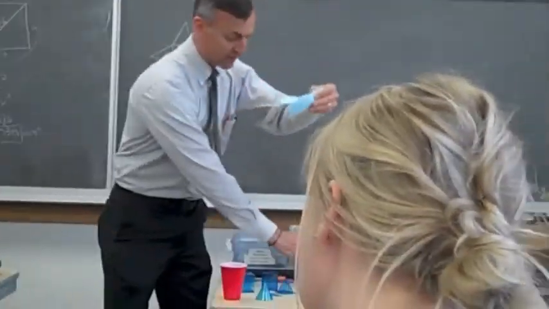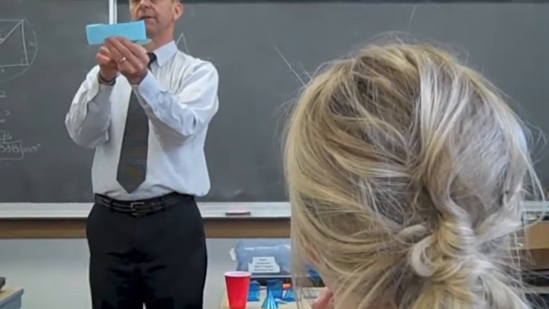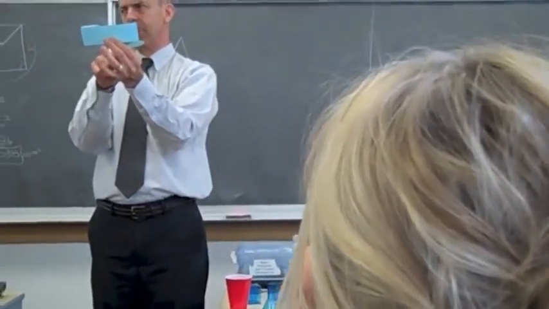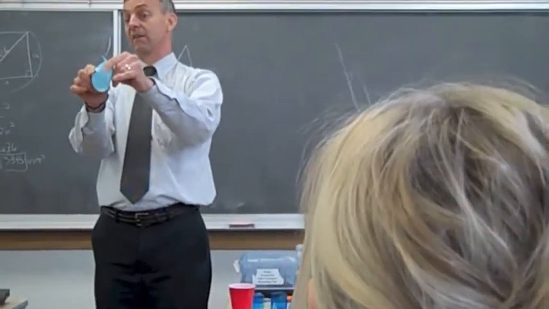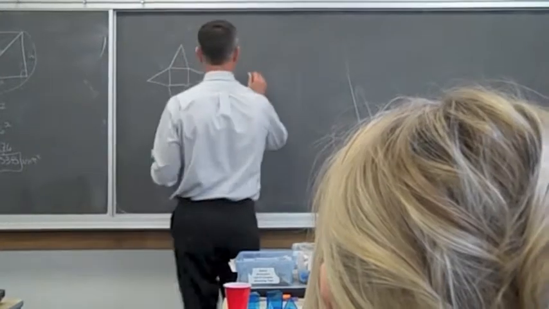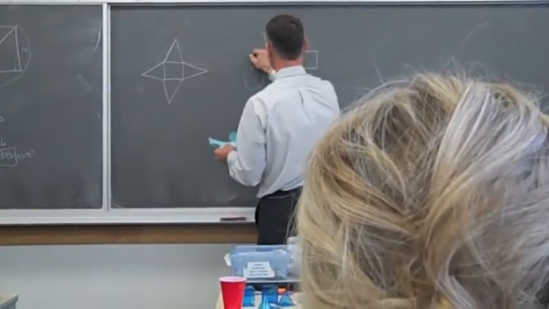A rectangle. Whose dimensions are, this is what? The height of the cylinder. This is what? The circumference of the cylinder. So our net, we've got a circle here, we've got this rectangle here.